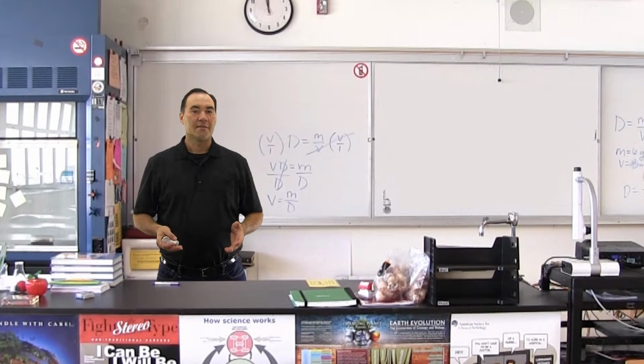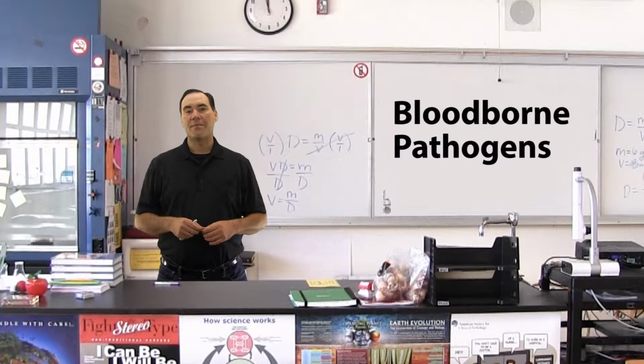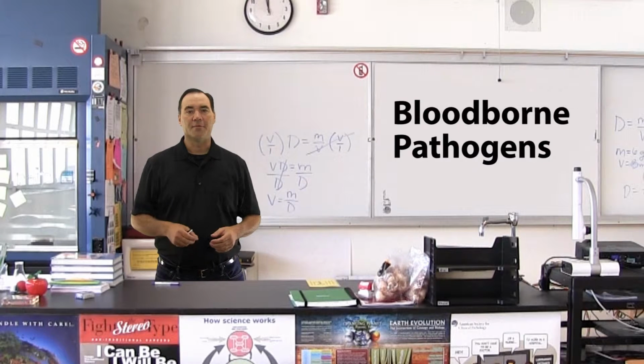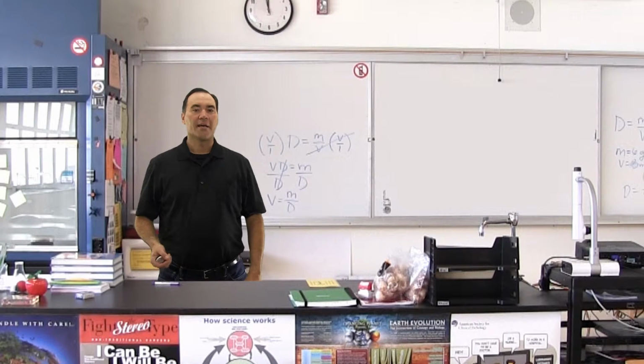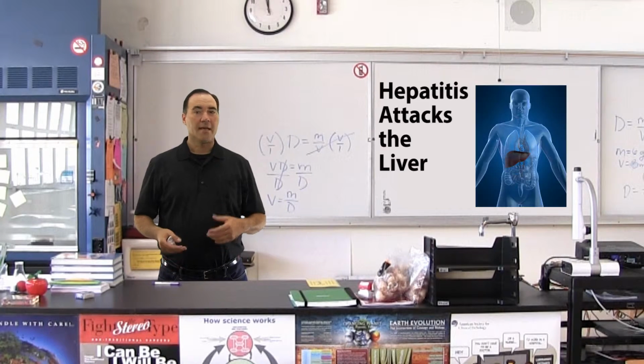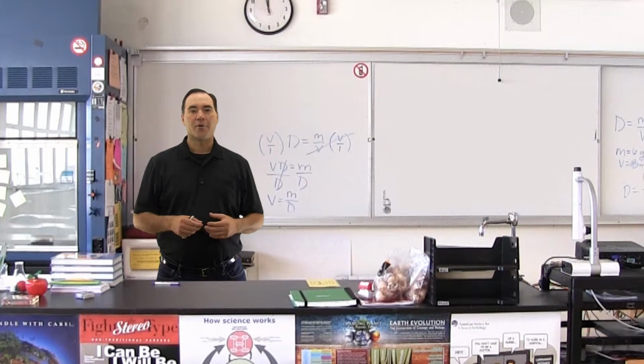Our next plan is bloodborne pathogens, or BBP, which addresses how we deal with items which may be contaminated with blood or other potentially infectious materials. This plan helps to prevent diseases such as HIV, hepatitis B, and hepatitis C by using personal protective equipment and properly disinfecting contaminated surfaces.